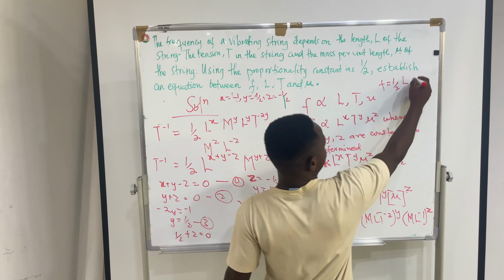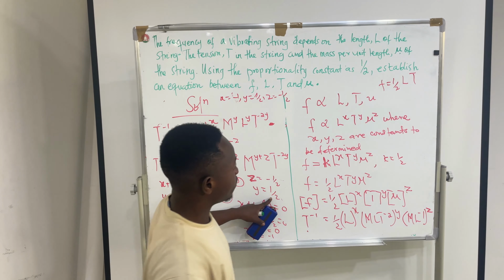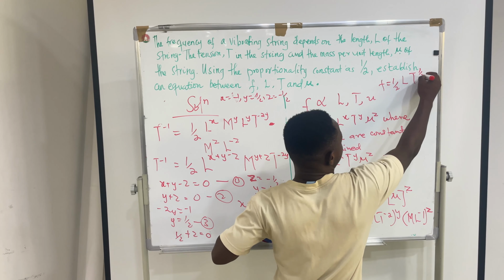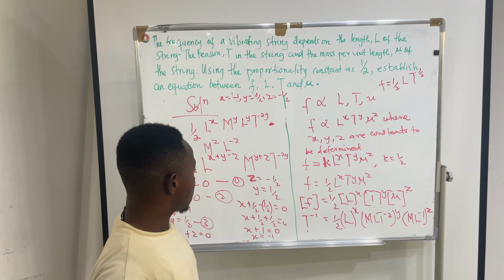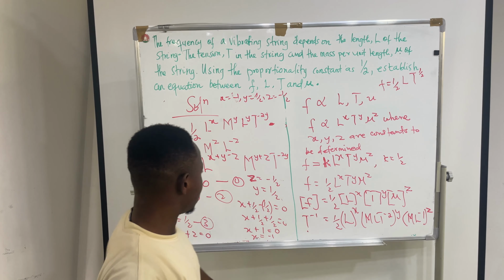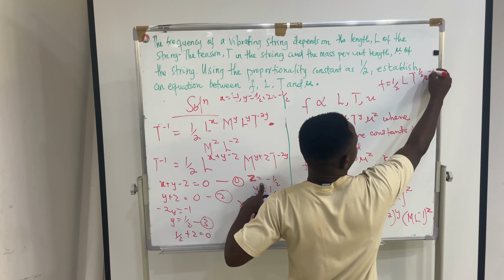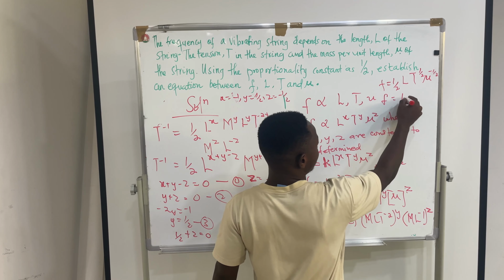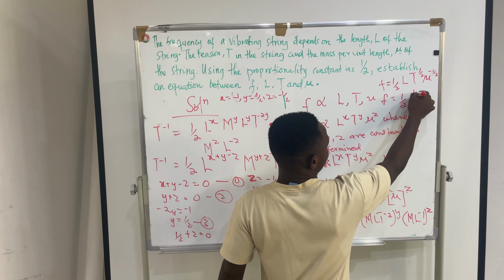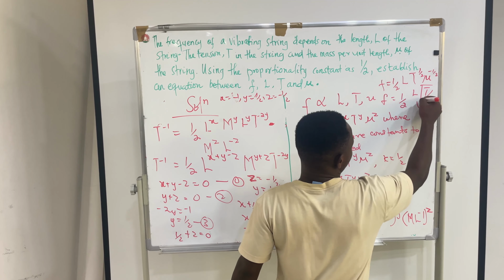Then t raised to the power y, which is positive half, so half. And then what's my mu? My mu is to the power z, and z is negative half, so mu to the power negative half. If I rearrange this carefully, this is what I'll get. I'm going to get half L square root of t over mu.